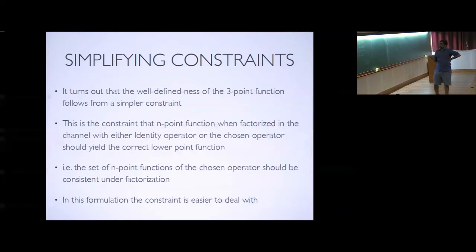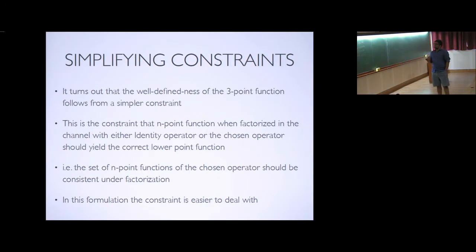I will show that if you factorize any endpoint function of phi in a channel which gives you lower point functions of phi, and this factorization is consistent, that is to say, the lower point functions of phi that you obtain are elements of the set that you specified, then you will always be guaranteed to get a unique three-point function. I mean, a three-point function that is uniquely defined.